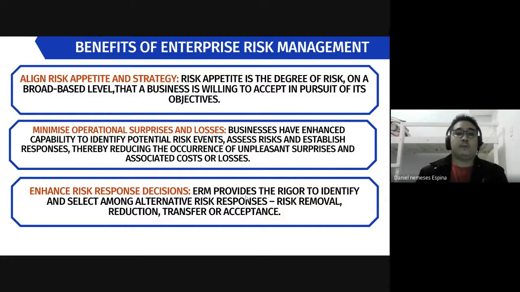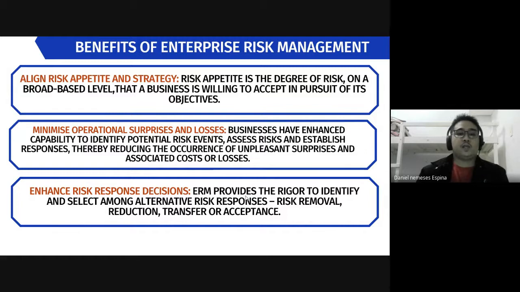So, there's a match of how far the business is willing to go to gain or to achieve, and the surrounding risk that needs to be managed, or what is the acceptable risk for the business.